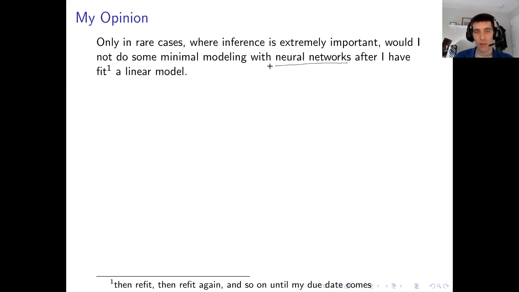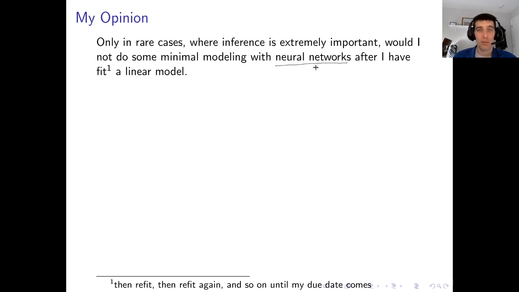And so minimal modeling with neural networks allows me to ask a question, which is basically, does nonlinearity benefit me? If I have some basic structure which I found in a linear model, I feed those predictors into a neural network, which I make maybe shallow, for example, and do I see improvements here? That gives me a hint that I've left something on the table that the neural network is able to pick up on that I'm not.